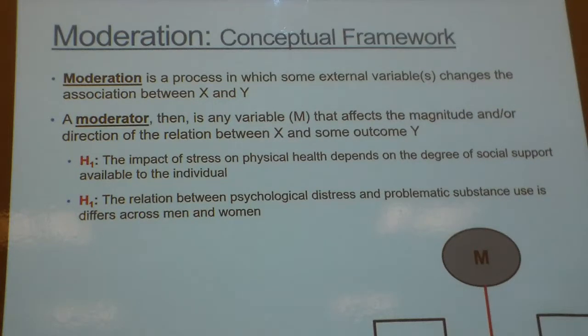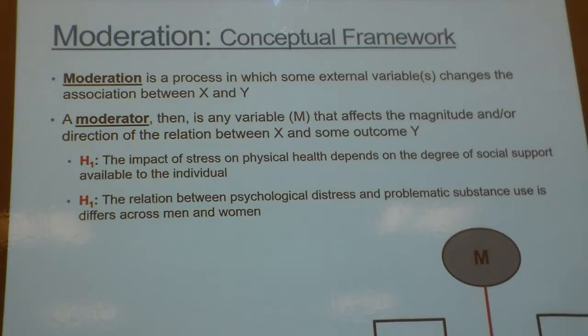Okay. So again, remember, this is hard to get your head around because what we're looking at is the impact on the association. So who might you expect to have a stronger relation between psychological distress and substance use, men or women? Okay, right. And so what we might see then is for men, for women, psychological distress has a relation with substance use, right? But if we look at men, it's much stronger, right?